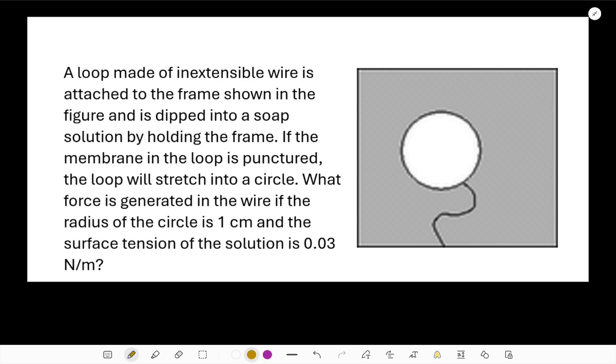That's right, it will stretch out and take the shape of a circle because of the surface tension. What force is generated in the wire if the radius of the circle is 1 centimeter and the surface tension of the solution is 0.03 Newton per meter?